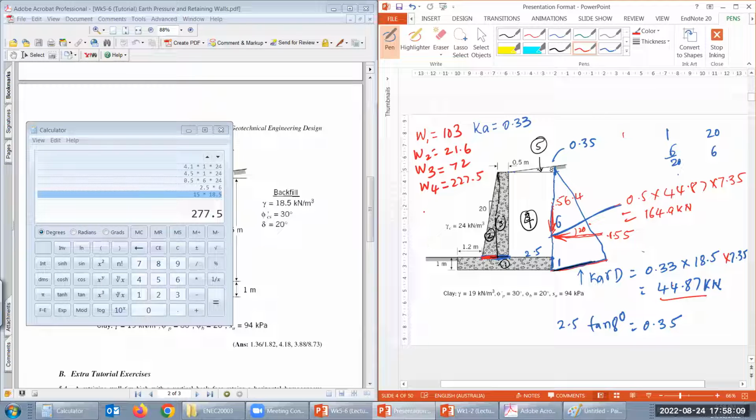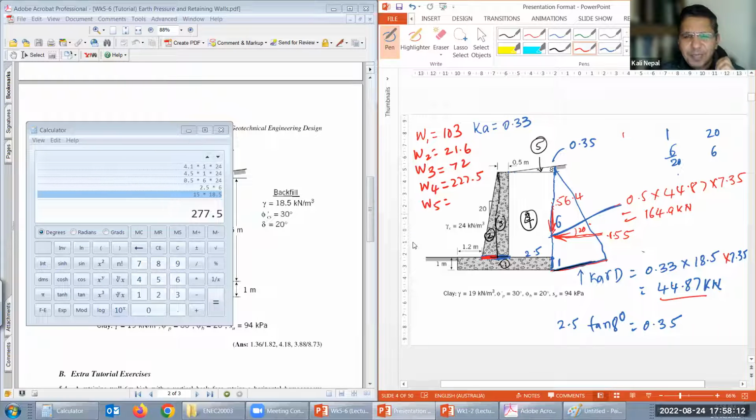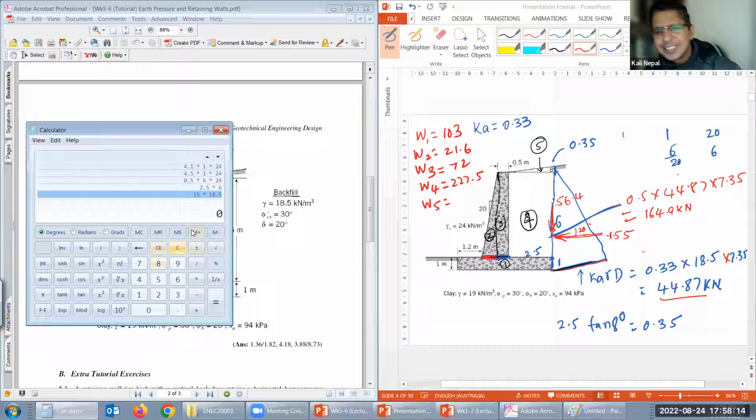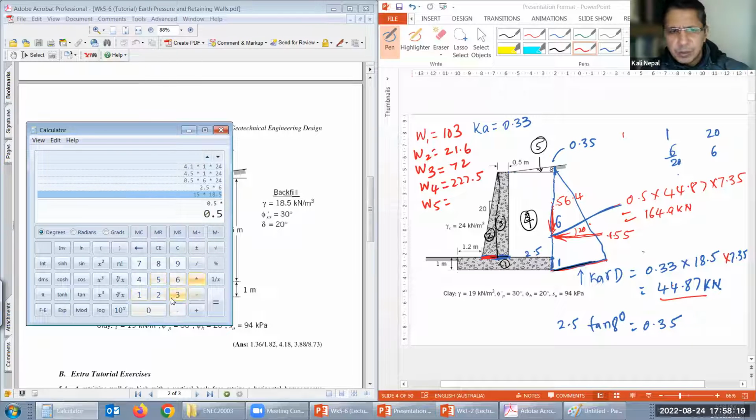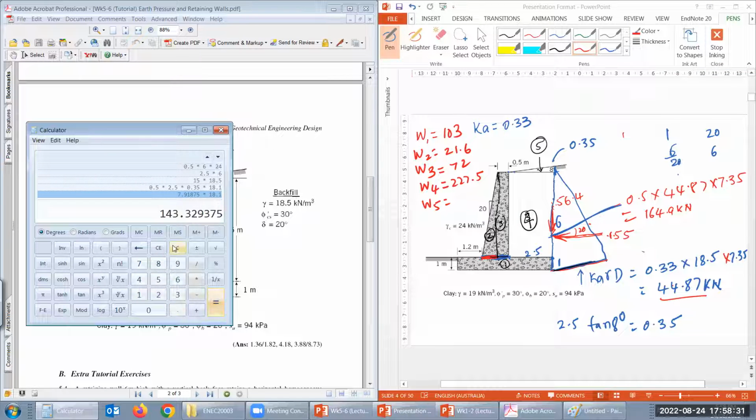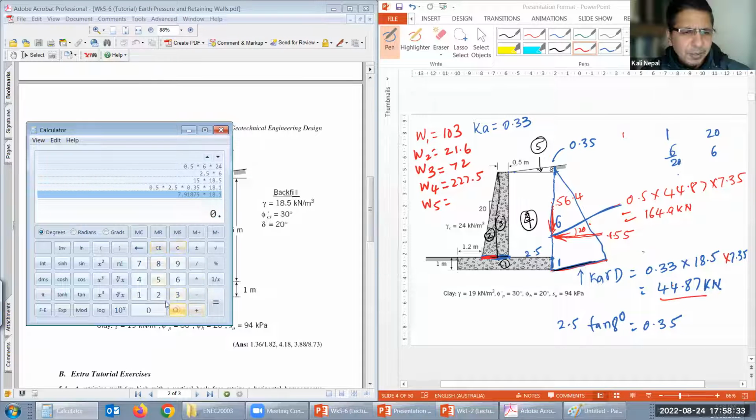And W5 at the top. That's probably very small, but we need to calculate it anyway. Half, 0.5, base is 2.5, height we just calculated is 0.35, multiplied by 18.5 for the backfill.